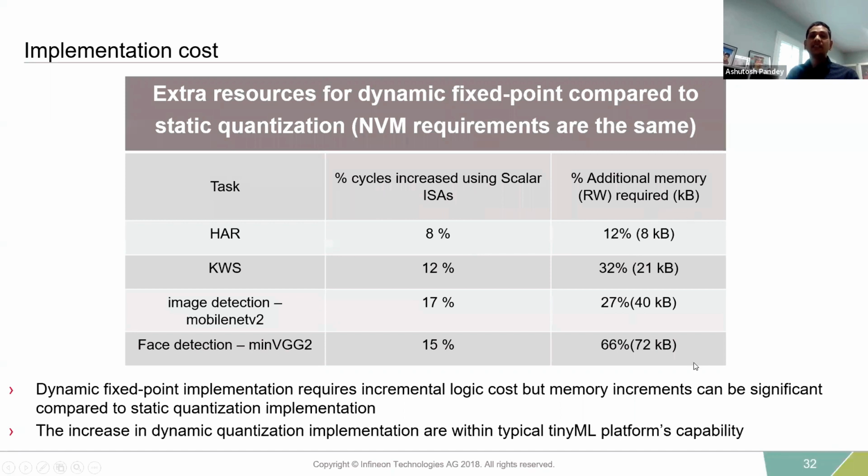A bigger hit is actually memory, and memory is not trivial for tinyML systems. So we have done a bit more of a deep dive. For tinyML systems, where you need to create these statistics at higher bit resolutions, this can grow a bit.